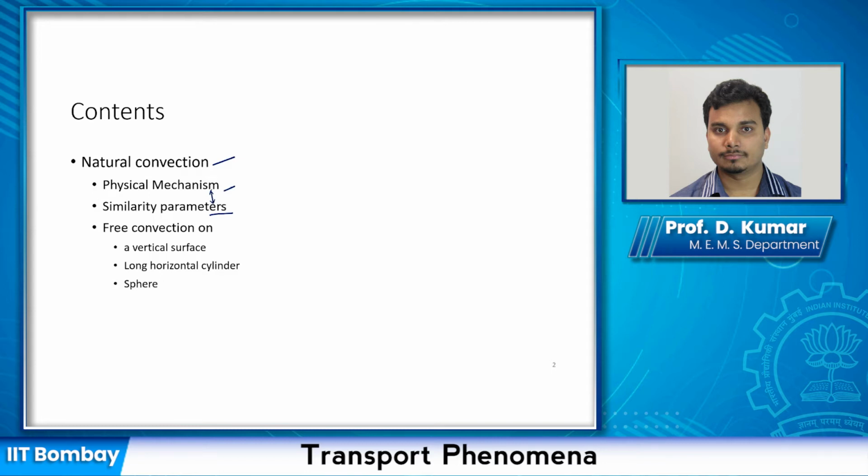So here you will also see a few more dimensionless numbers that we will derive through similarity parameters, by non-dimensionalizing our flow and heat equations. Then we'll look at some specific cases: vertical surface, horizontal cylinder, and sphere.